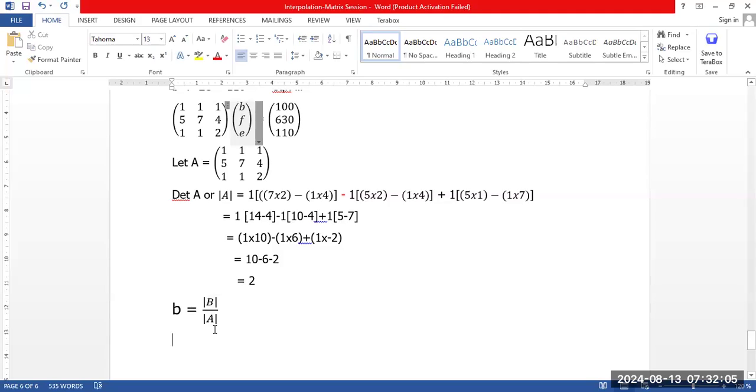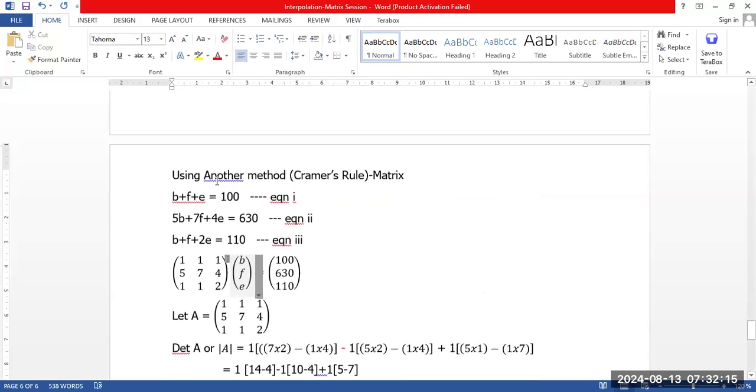So it means that we need to get matrix B. Let B equal to, remember, when you observe our equations, B is on the first column.